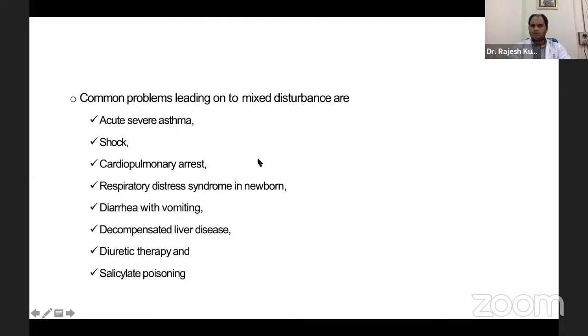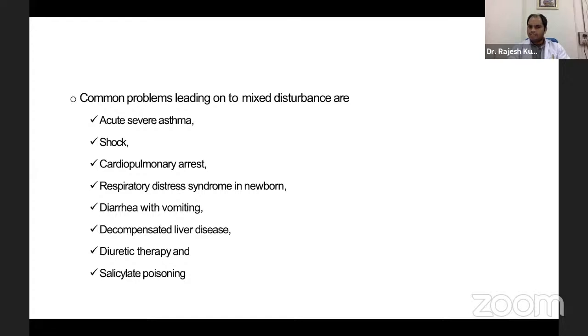Now coming to the common problems with mixed disturbances: severe asthma, shock, cardiopulmonary arrest. In shock and arrest, you can have lactic acidosis as well as respiratory acidosis, so you will find both types of disorders.